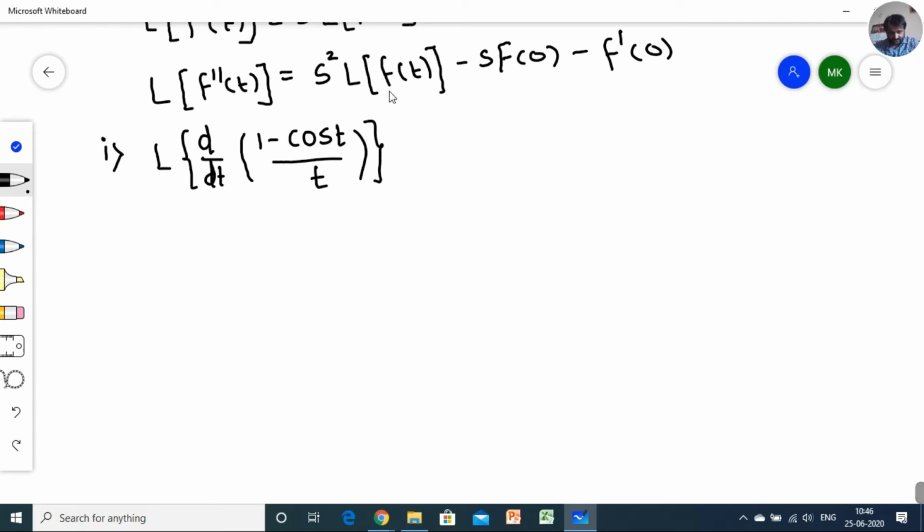Now we start the solution of this problem so that you will understand very well. I think we saw a similar question.